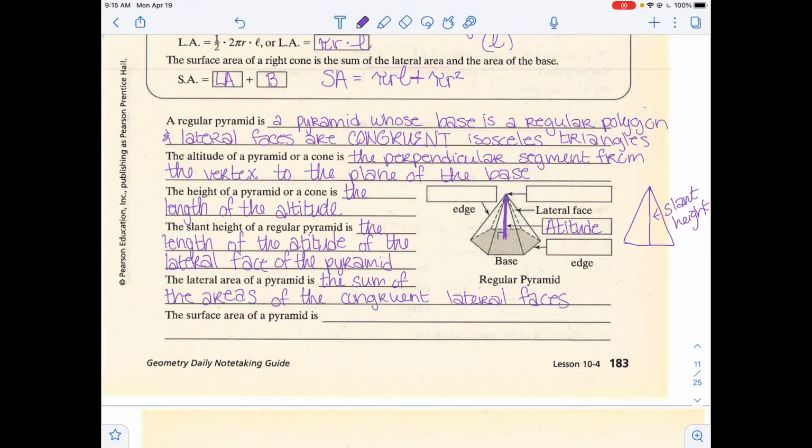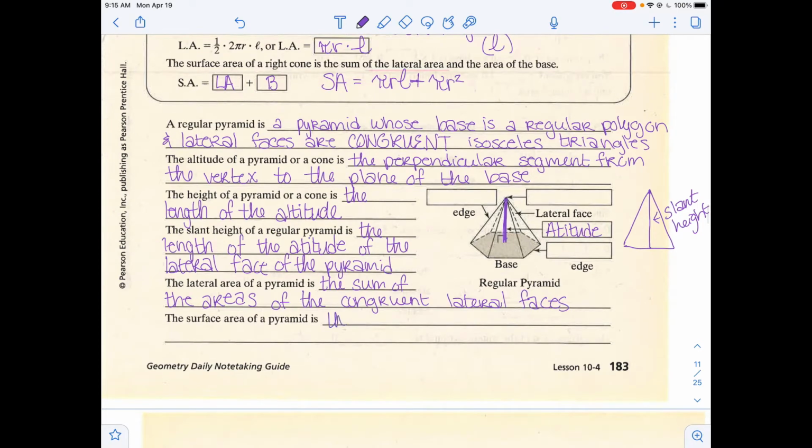And last, the surface area of the pyramid is the lateral area plus the area of the base of the pyramid.